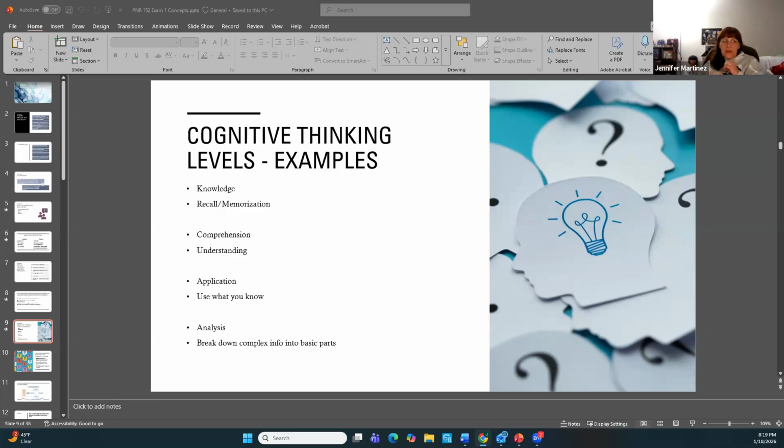Analysis means being able to break down complex information into its basic parts and then relate those parts to the big picture. Again, this too is the ability to organize and prioritize. Even when we look at safety, right?